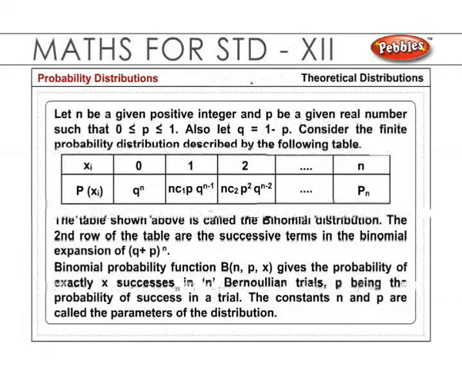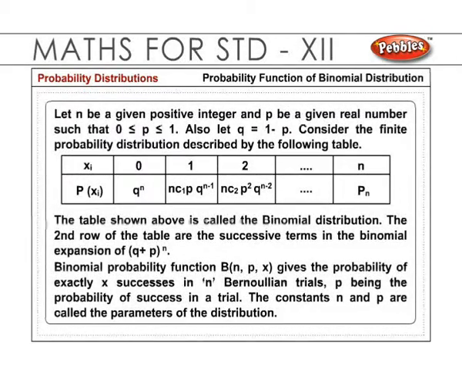Probability function of binomial distribution. Let n be a given positive integer and p be a given real number, such that 0 is less than or equal to p less than or equal to 1. Also, let q is equal to 1 minus p. Consider the finite probability distribution described by the following table. The table shown above is called the binomial distribution.